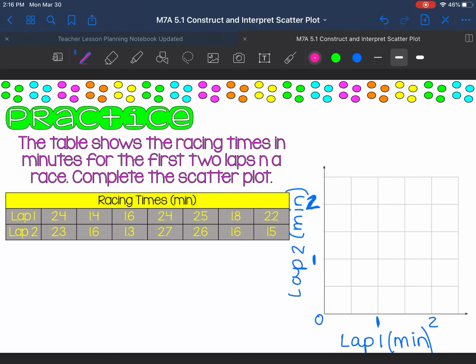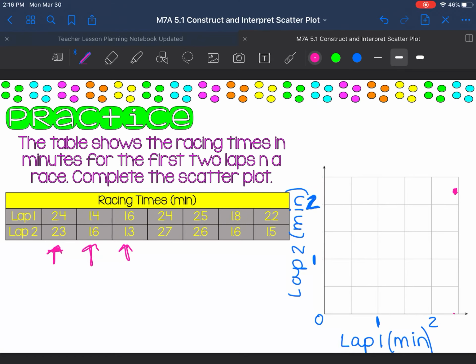When we graph, this is going to be our ordered pairs right here, okay? So our first ordered pair is lap 1 is 2.4, all right, which we're going to say is about here, all the way up to 2.3, which we're going to come up and say 2.3 is right about here in the middle. So that is our first dot.